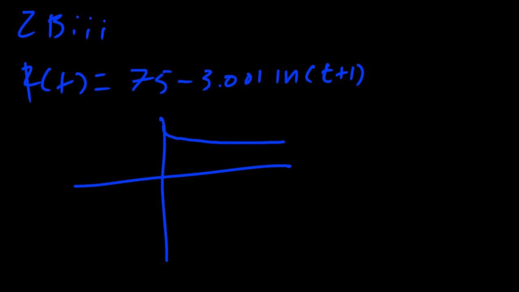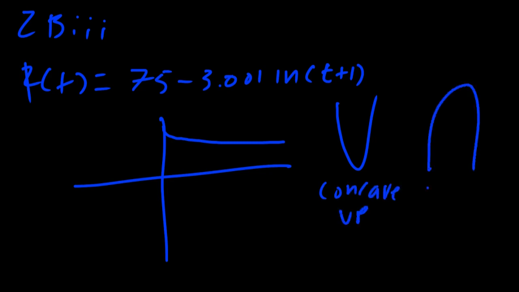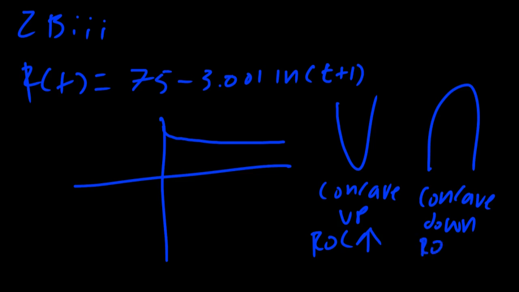Remember that concave up looks like this, and concave down looks like that. Concave up means the rate of change is increasing, and concave down means the rate of change is decreasing.